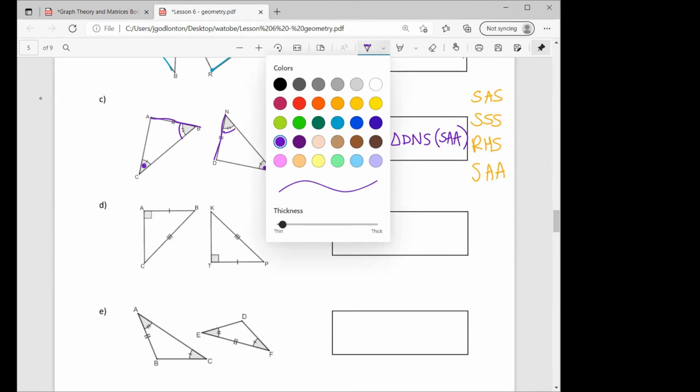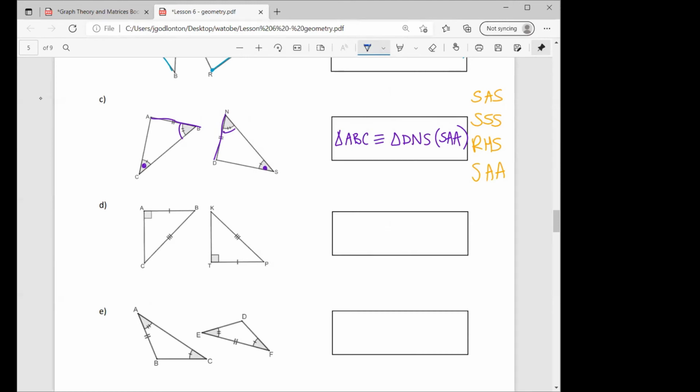Ooh, you guys have fallen for my trap. Except Adora. Adora didn't fall for my trap. Well done. Okay, those of you who fell for the SAS trap, this is not SAS because my angle is not in between my two lines. So it's not sassy.